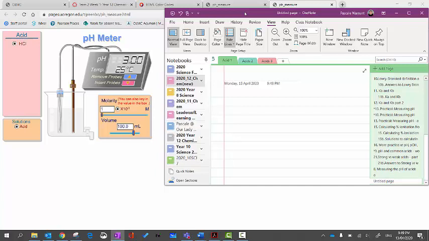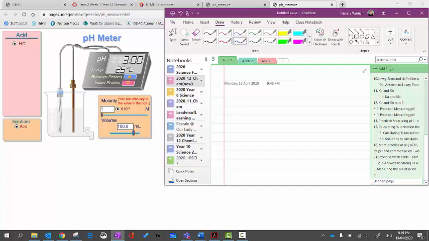We can see that when we've got a 0.001 moles per liter solution of HCl, the pH is 3, and that makes sense because if you remember, pH is negative log of the hydrogen concentration. Now, if we've got HCl, that's a strong acid, so it's going to dissociate fully into hydrogen ions and chloride ions.